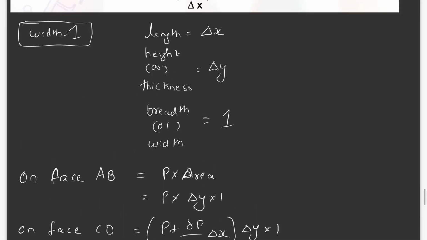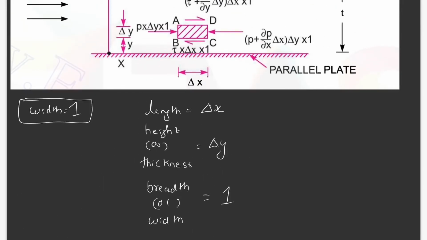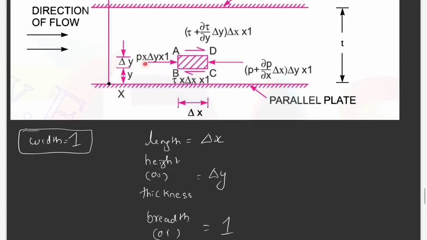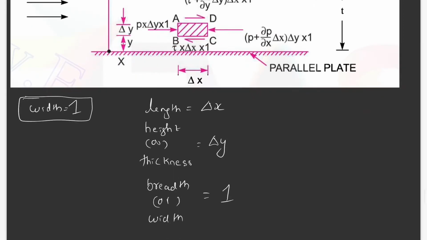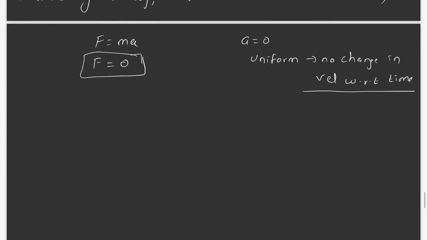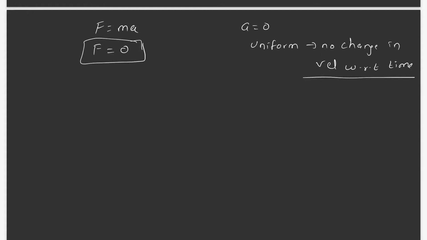On all these faces together, there is a pressure force in this direction, one in this direction, one in this and one in this. So the summation of all these forces is what we'll be dealing with right now. Applying the principle of equilibrium, what we get?